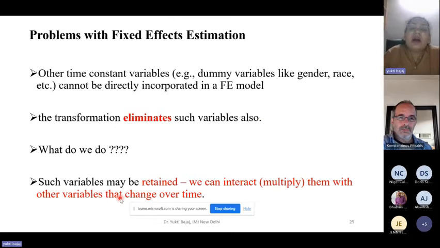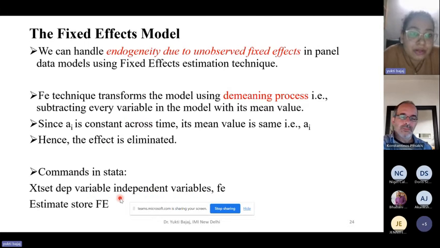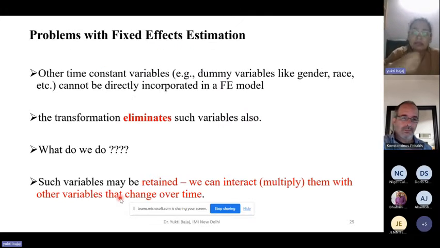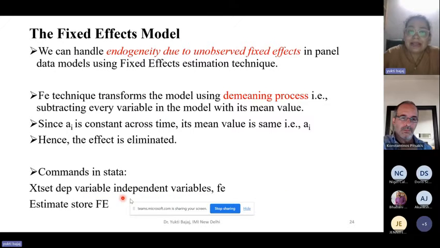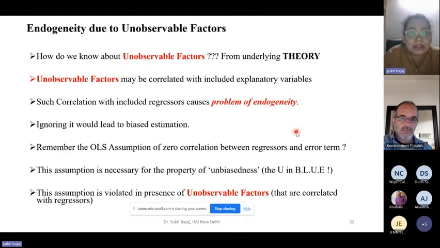All right. Now, do you think FE is a perfect model? There is no model or technique that is perfect, right? So it also has some flaws. What is the most important flaw here? Just like it eliminated the impact of A_i here, it also eliminates the impact of certain other variables. Let's go back to the model and see.